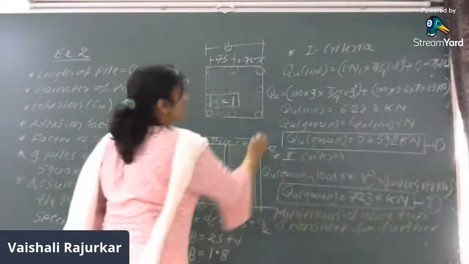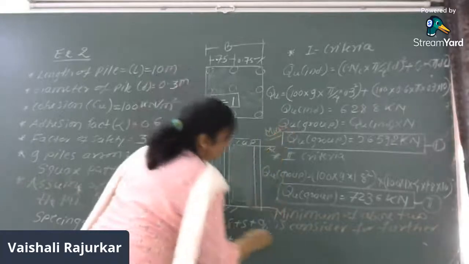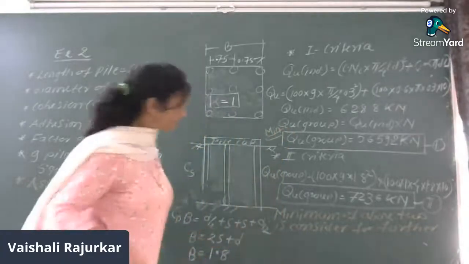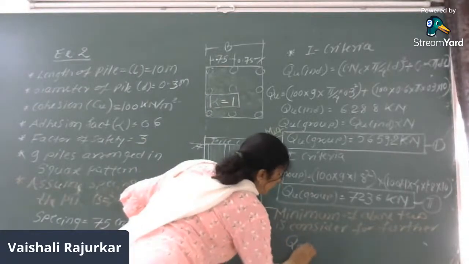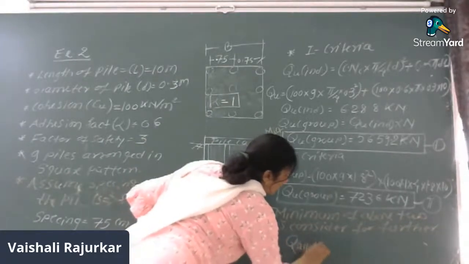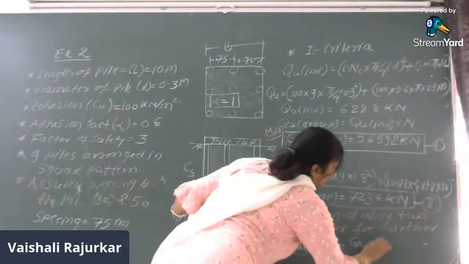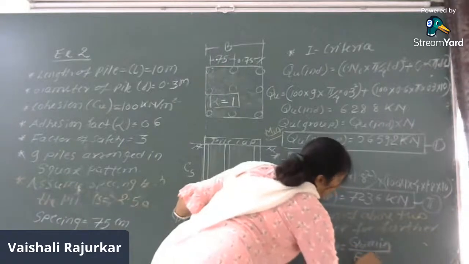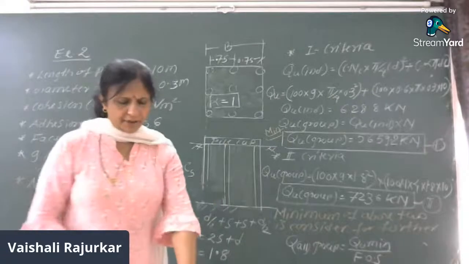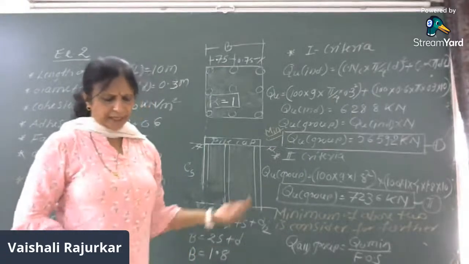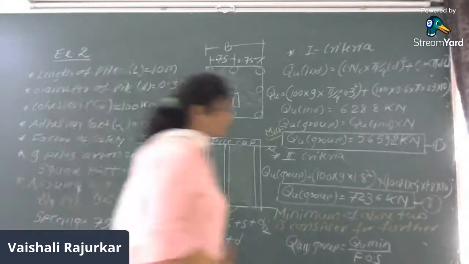Therefore, the minimum is this value. Therefore, for Q allowable, QU or Q allowable for the group is taken as QU minimum divided by the factor of safety. And here the minimum is 5659. Therefore, applying the factor of safety to the first one, it is found to be 1886.4.